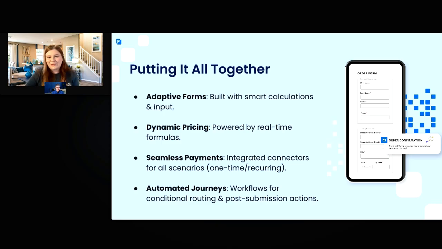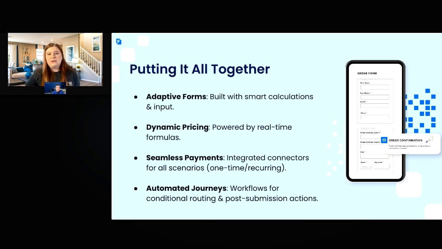So we went over those adaptive forms. They are driven by smart calculations to capture precisely what you need. We learned how to implement dynamic pricing through powerful formulas, ensuring real-time accuracy for everything from tiered registrations to optional donations, and even guaranteeing free registrations if you have that.